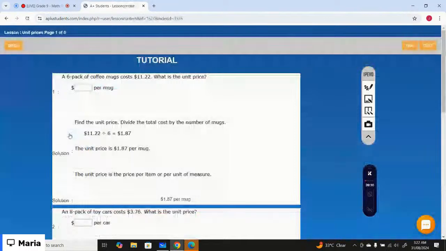Okay, a six pack of coffee mugs costs $11.22. What is the unit price? Again, you have to calculate the unit price.